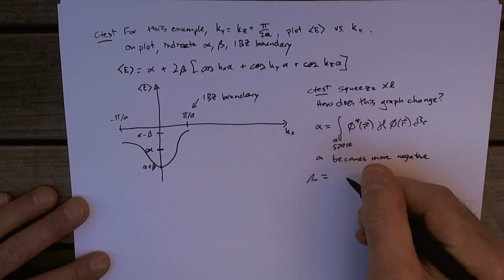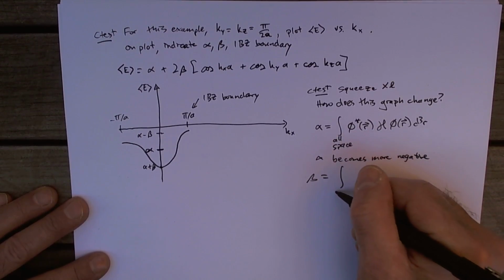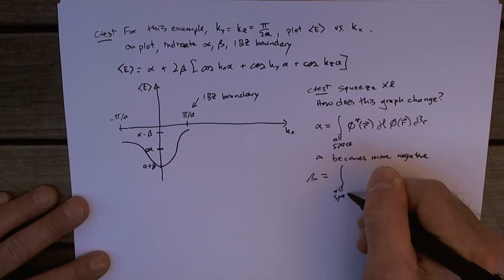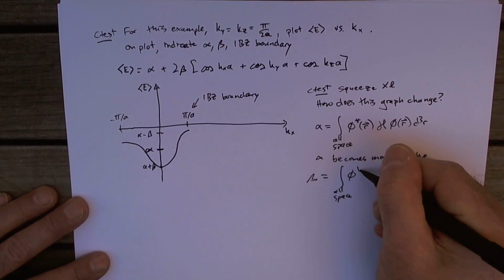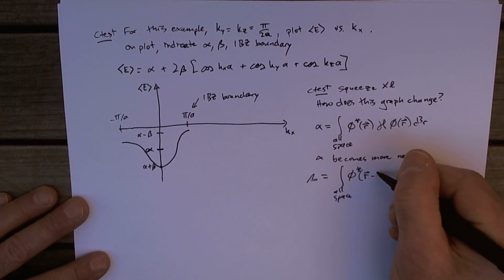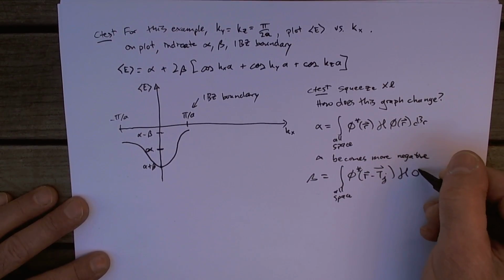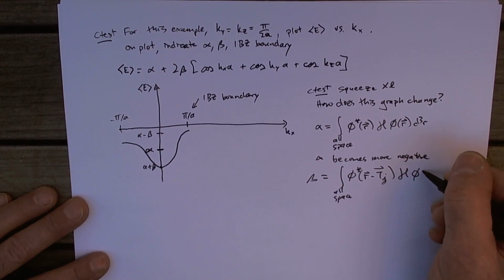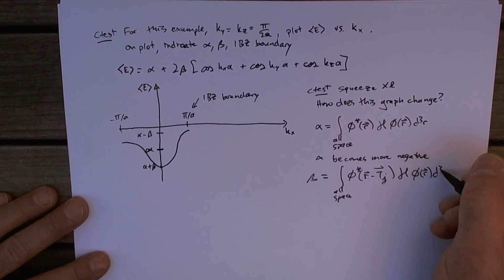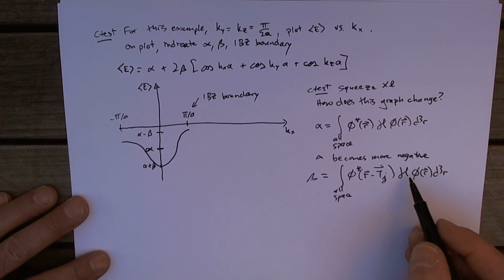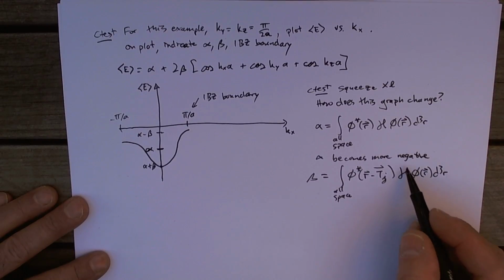Beta is the integral over all space of phi star of r minus tj, Hamiltonian, phi of r d cubed r. So now there are two effects here, again, because the nuclei are getting closer together.